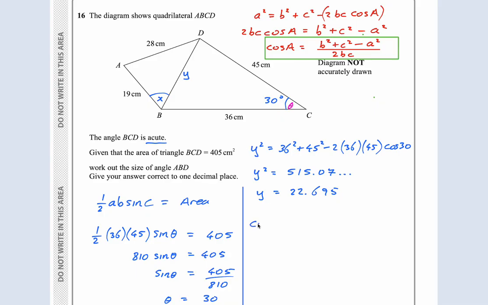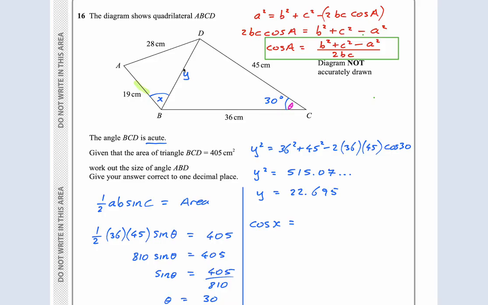I'm doing cos of X is equal to b squared plus c squared. So that's this one. B squared plus c squared. That is this. Let me just show you.